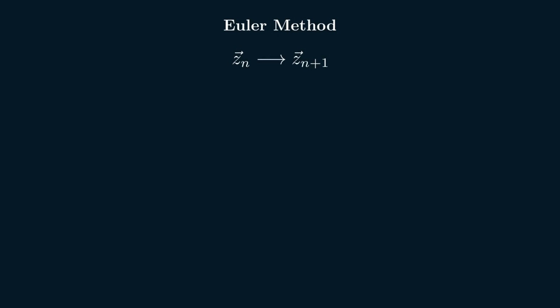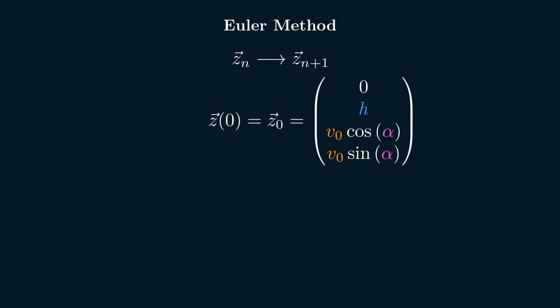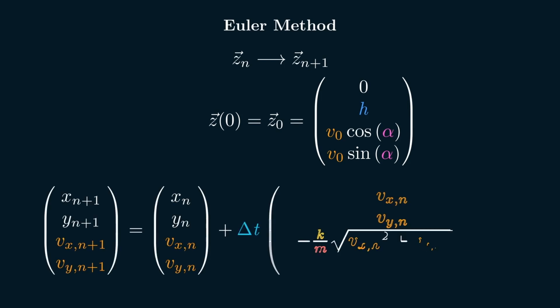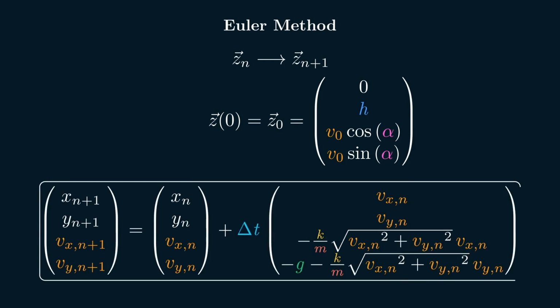We use state n to obtain state n plus 1. We defined the initial state z0 at the beginning of the video. It consists of the initial coordinates and the components of the initial velocity vector. Let us write out the formula for zn plus 1. And this is the result. From each state we can calculate the following state. And if we want to increase the accuracy, we simply have to reduce delta t.